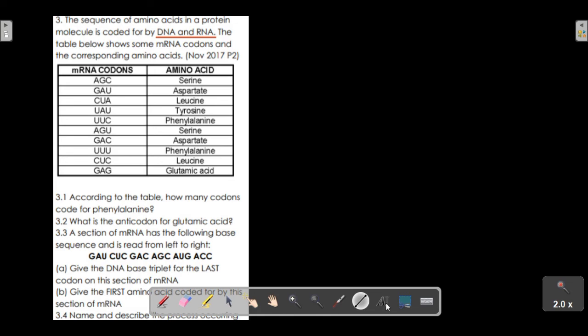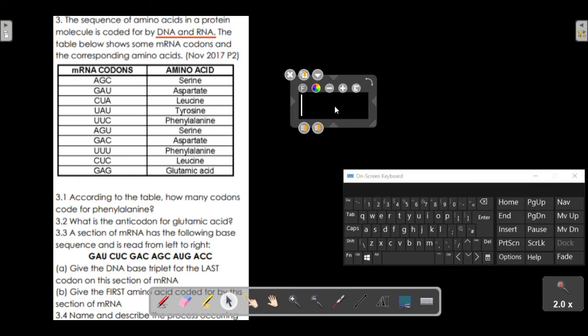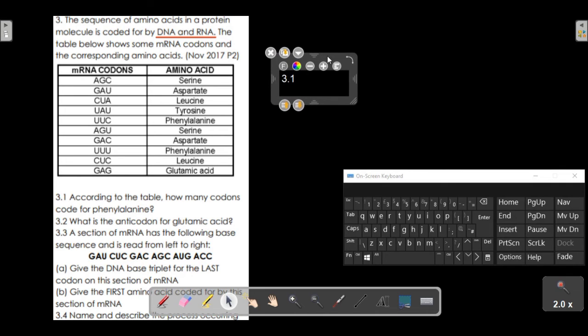Okay, so let's look at 3.1 then. 3.1 says, according to the table, how many codons code for phenylalanine. I hope I pronounced that correct.